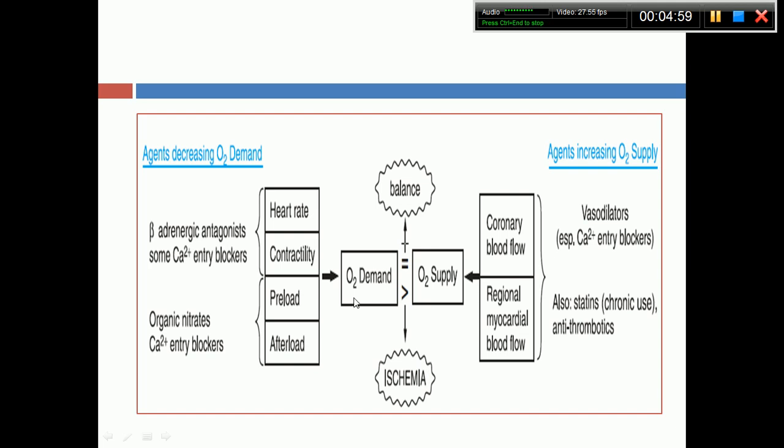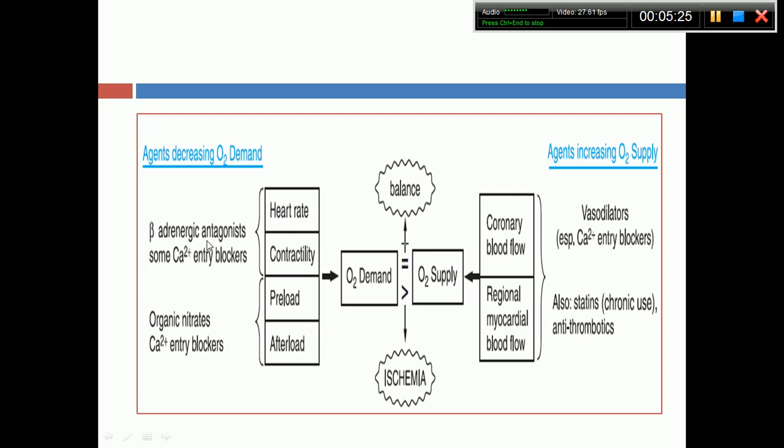But if oxygen demand is greater than the oxygen supply, then ischemia occurs, and this will cause angina pectoris. So the drugs we just discussed will either decrease oxygen demand by the myocardium or increase oxygen supply.